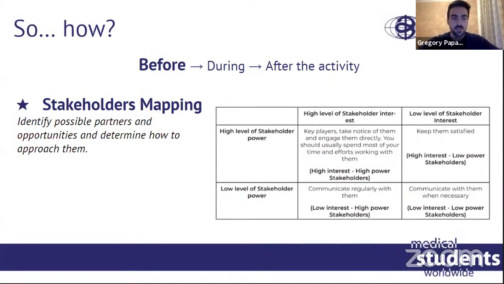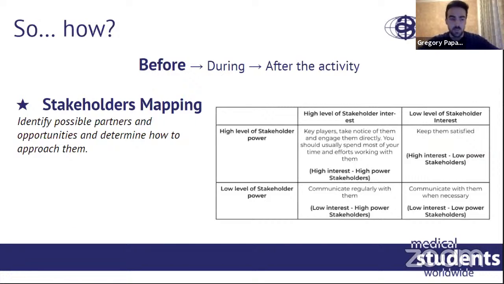So moving on, we have the stakeholders mapping, which is kind of weird because you may wonder, why is this an evaluation tool? It has to do with external parts, but basically through a stakeholders mapping, you identify possible partners and opportunities and determine how to approach them. So you evaluate the state of each stakeholder, whether they are on high interest or low interest.